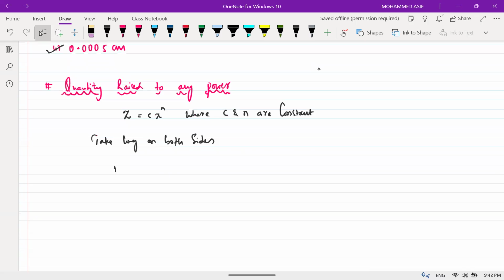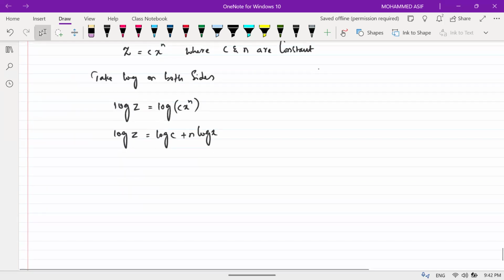So if I take log on both sides, this will be log z is equal to log c x to the power n, that means log z is equal to log c plus n into log x. Now differentiate on both sides.